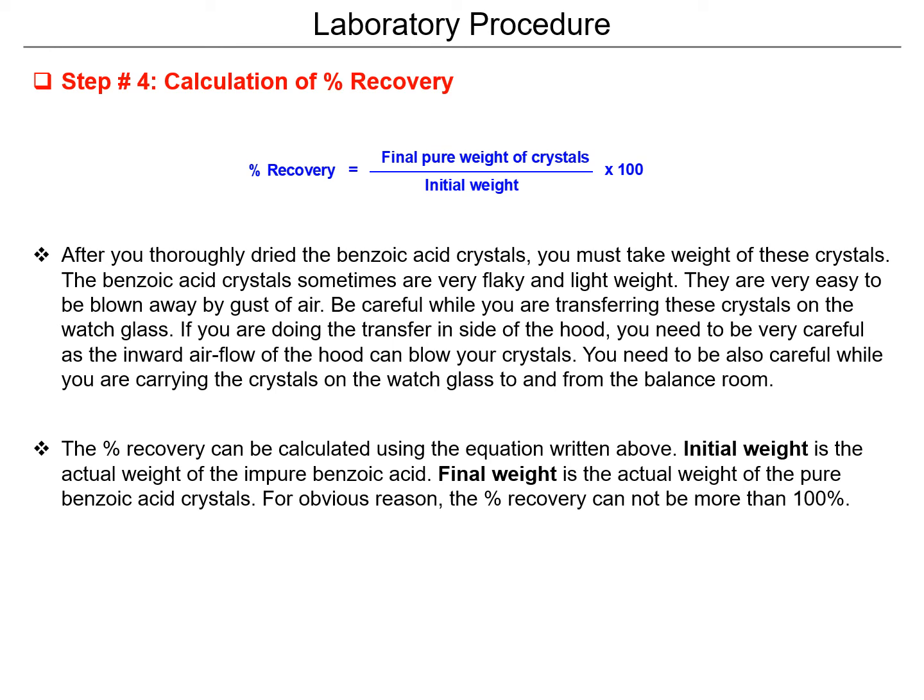But your final task in this experiment will be to calculate the percent recovery by the formula you see in the slide, which can be done by just dividing the final weight of the crystals you obtain after crystallization by the initial weight of the impure solid substance you got, which is 0.5 gram, and you multiply that by 100, and that will give you the percent recovery.